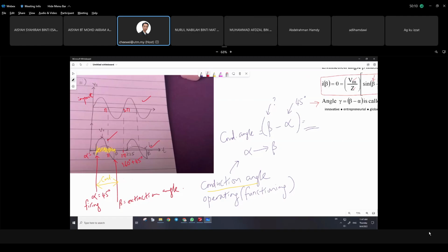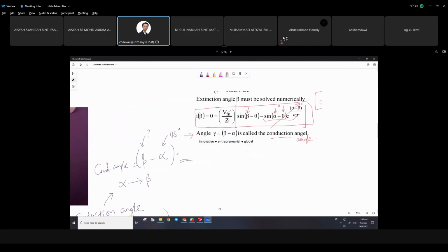This is one full cycle already, a half wave, so 2 pi plus 45.